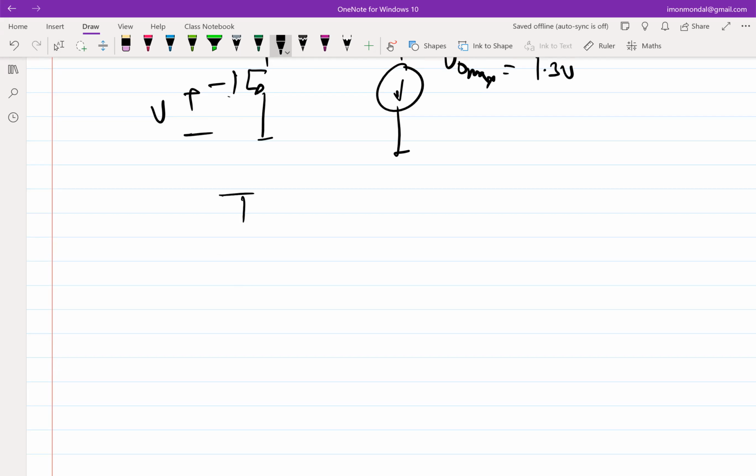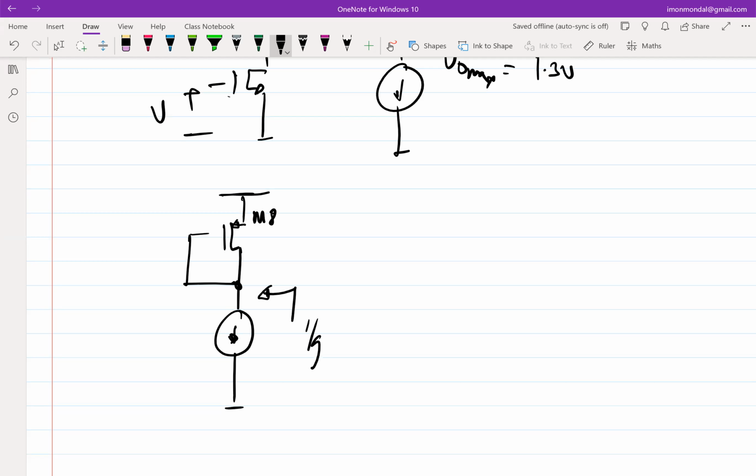So let's say you have something like this. What is the output impedance? This is M8. What is the output impedance? 1 over GM8. Okay, so this is 1 over GM8.